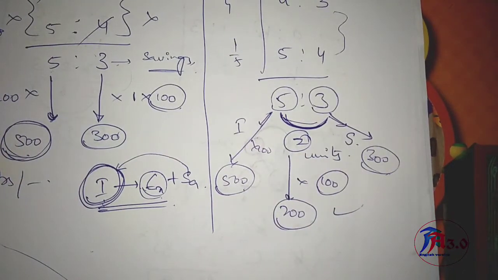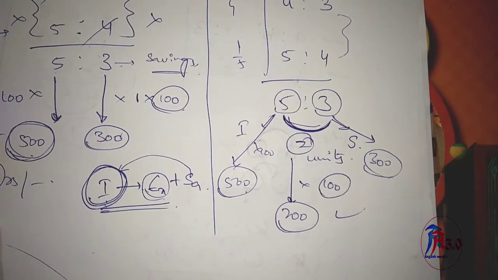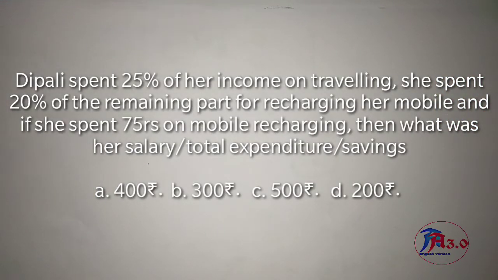Okay. So here I have twisted the question somewhat tougher, so I am trying to read the question here. You have to learn all these concepts, and only then will you crack the examinations. So here the question is, Deepali spent 25% of her income on traveling.